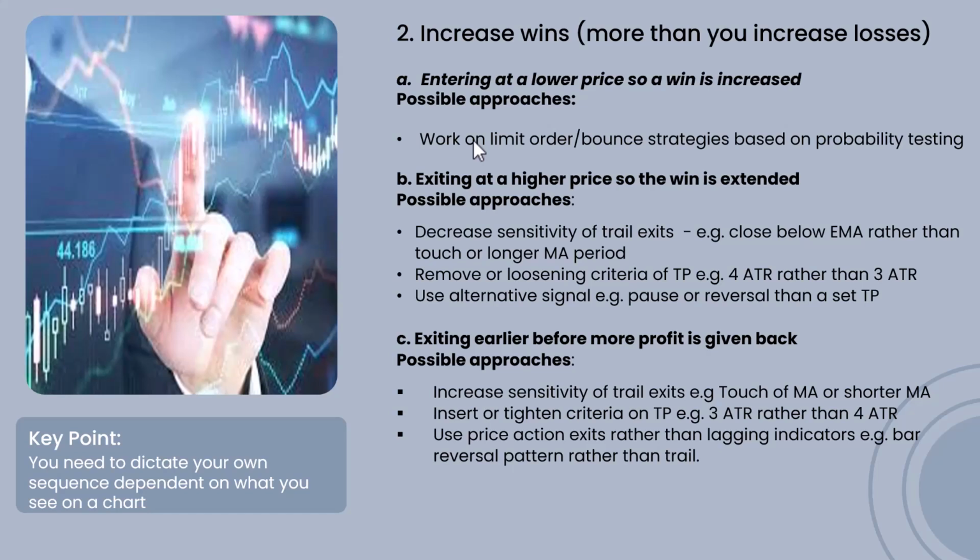My guess is that you'll already have some ideas about where it is that you're giving too much away, or how perhaps you're delayed a little bit in your entry, so you're entering at a higher price than you would probably desire. Looking at charts is probably the best initial way to see what you can use to improve results.